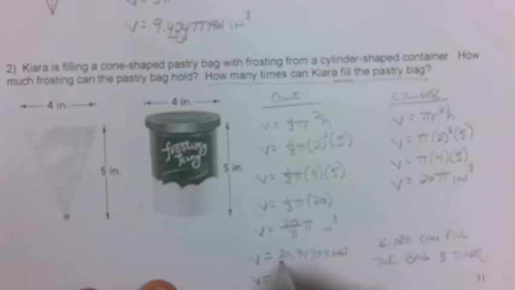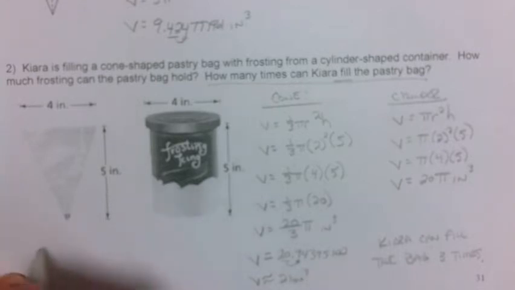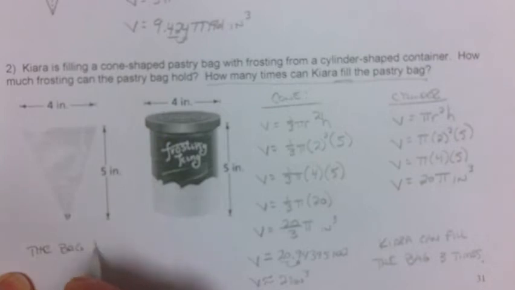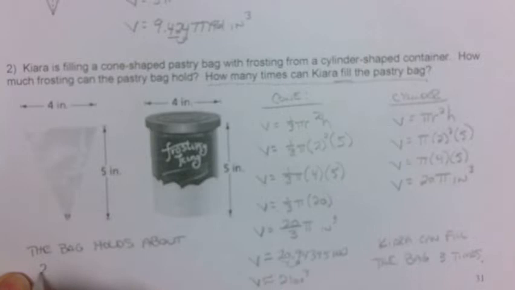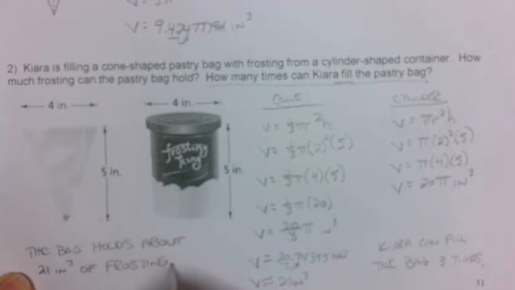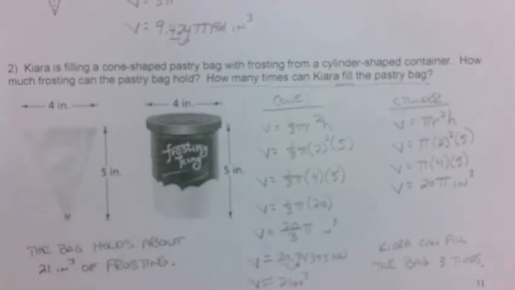All right, that 9 is going to bump us up to about 21 cubic inches. So I can say that the bag holds about 21 cubic inches of frosting. Okay, that would be the volume of the bag, which is in the shape of a cone.